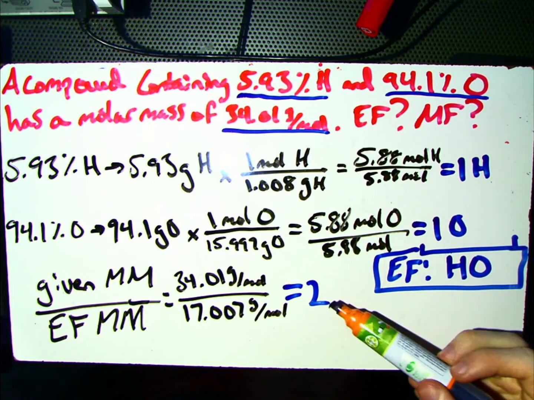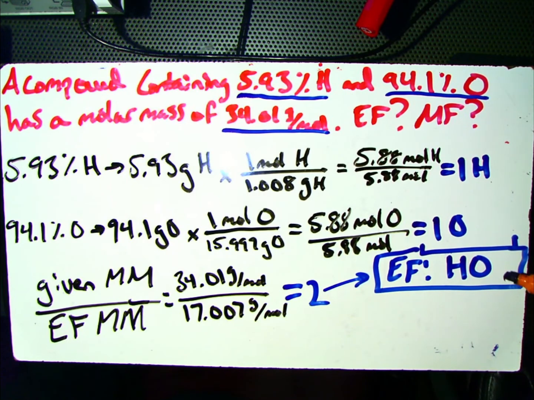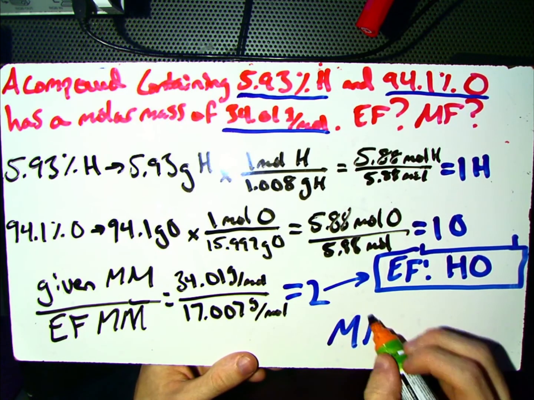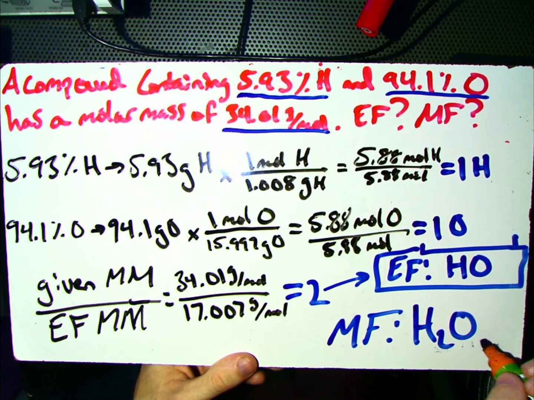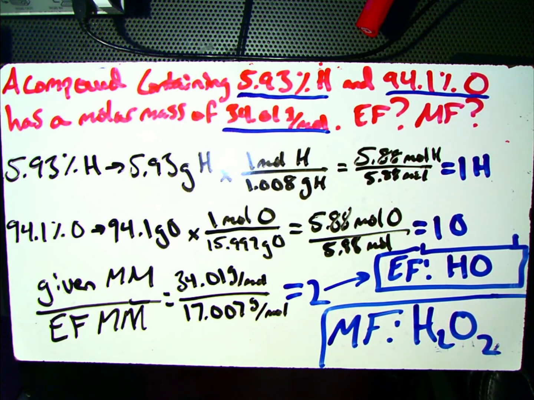Well, we're literally just going to apply this 2 to each atom in our empirical formula. So our molecular formula is just going to be H2O2. Lovely. And that's how you do an empirical formula problem in combination with molecular formulas.